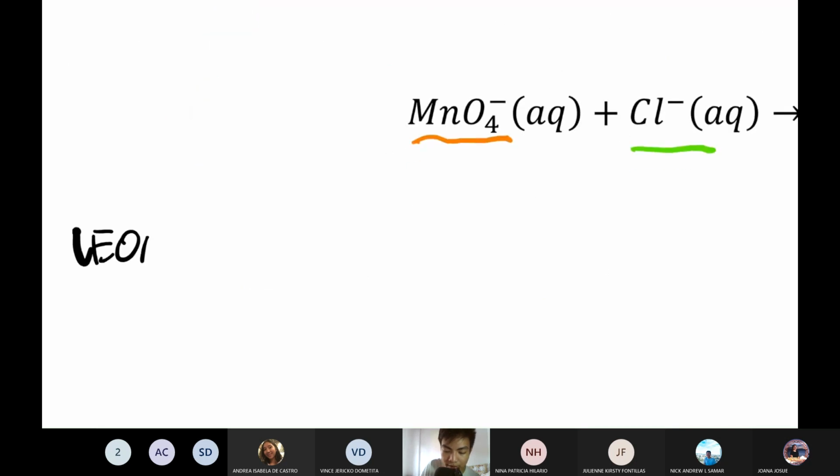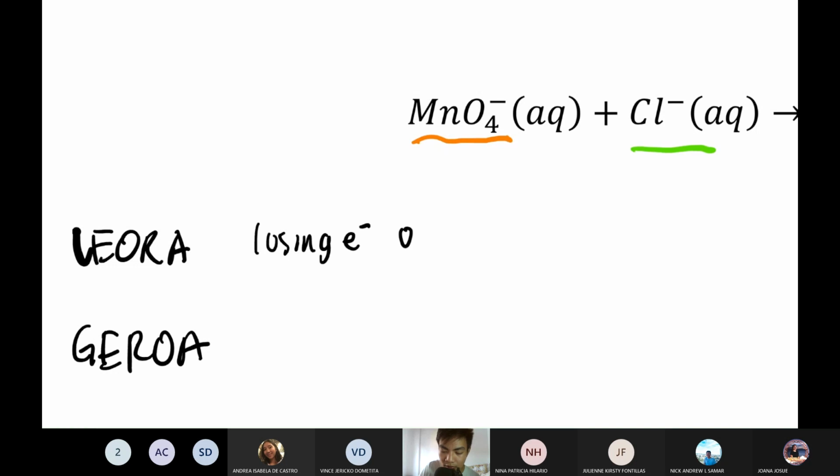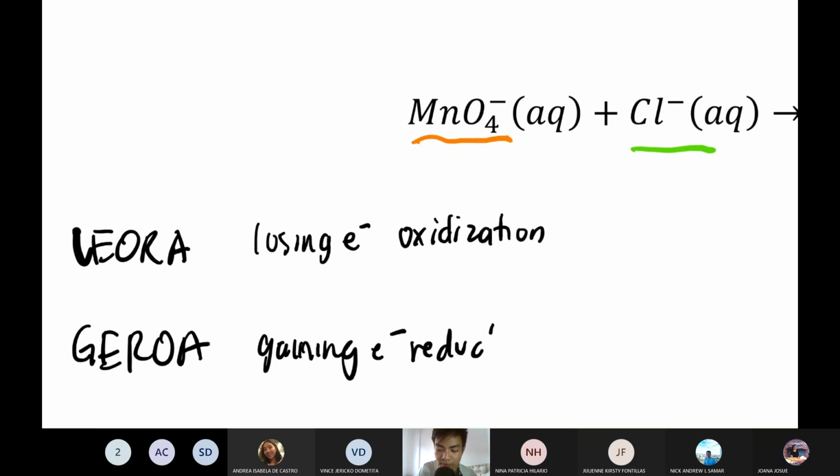So, LEO-GER. Meaning yan, losing electron, oxidation. Parang binaliktad lang na OIL. Okay? O dito naman, gaining electron, reduction.